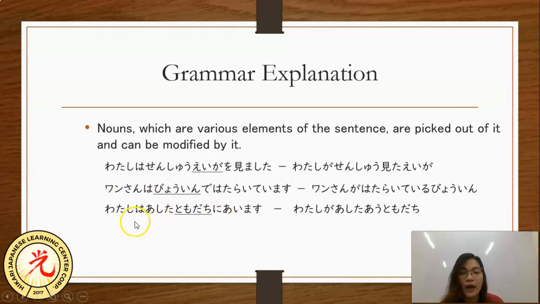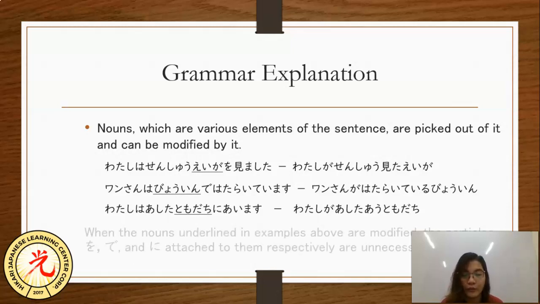So, watashi wa ashita tomodachi ni aimasu. Bukas ay imi-meet ko ang aking friend. While watashi ga ashita au tomodachi, ang friend ko na imi-meet ko bukas. Okay? Ang friend na imi-meet ko bukas. Okay? So, nagiging buong noun na siya na tinutukoy mo.